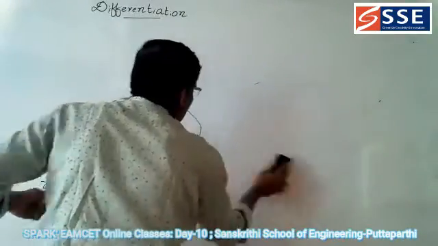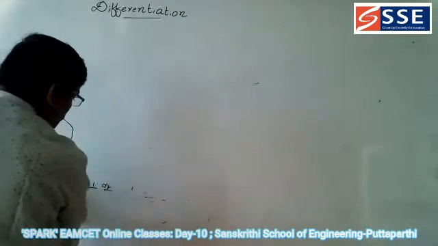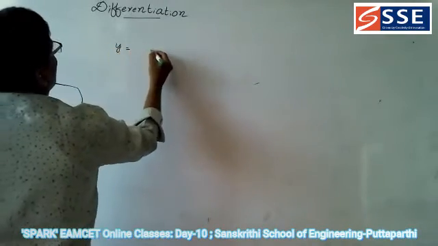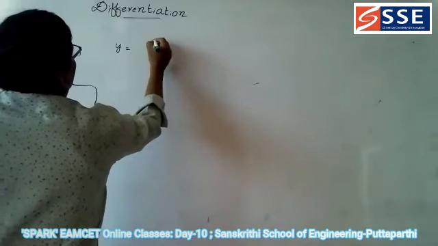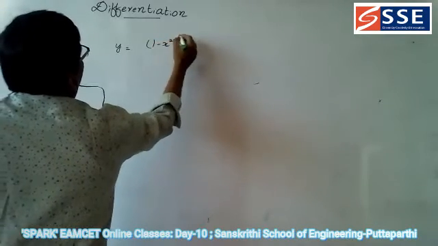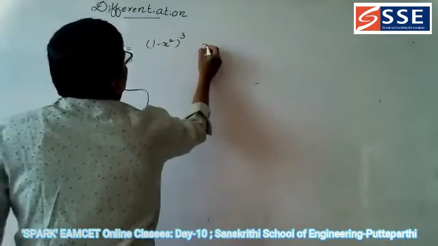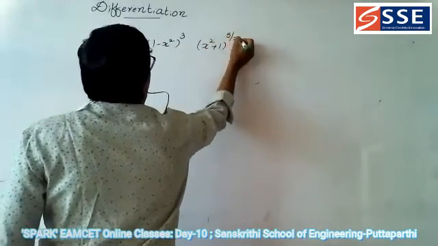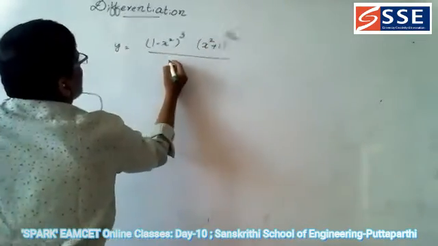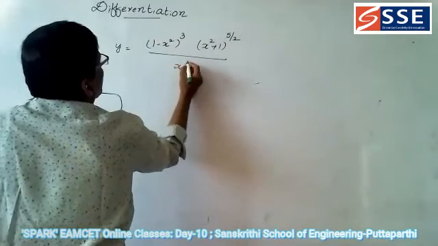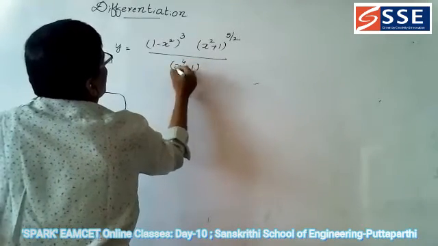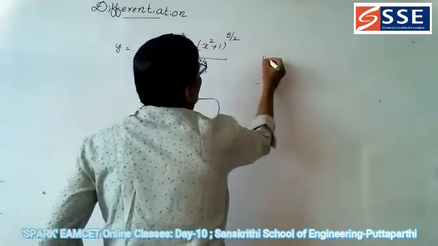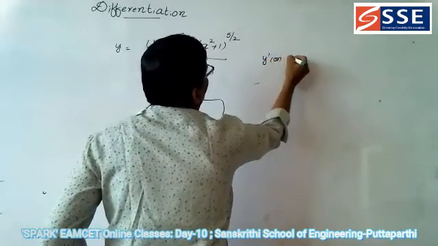Now we can go for once again, y is equal to, so find y dash or dy by dx.